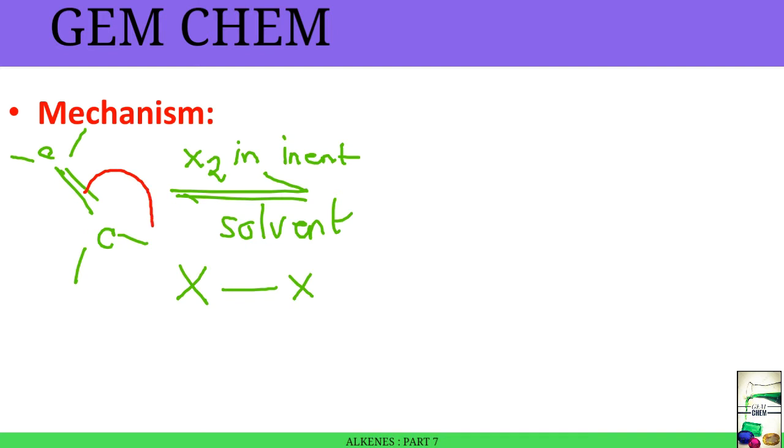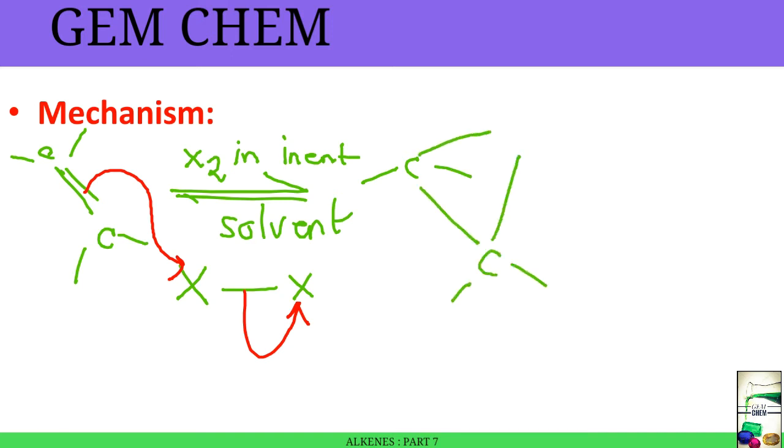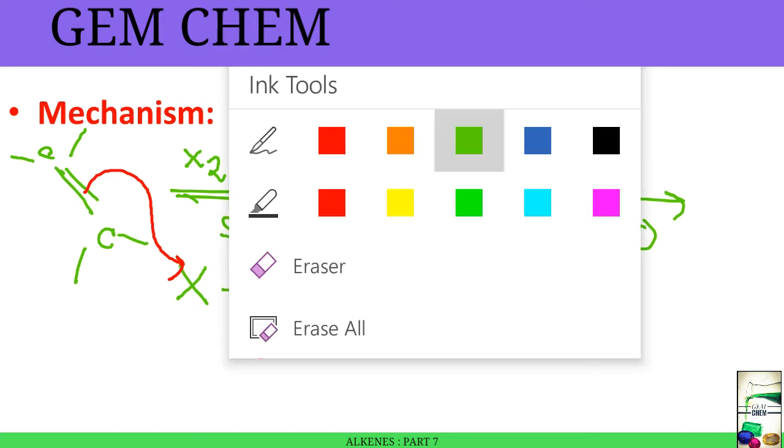This double bond gets attached with this X and another X gets away. So what we obtain is the cyclic intermediate, that is this one, and this bond and this bond form with the X plus, right? Now we know that we are left with an X minus, because here were the two electrons which were deposited on the X atom. So now what happens?